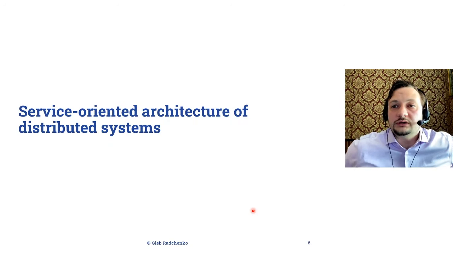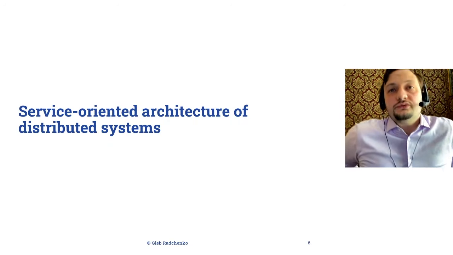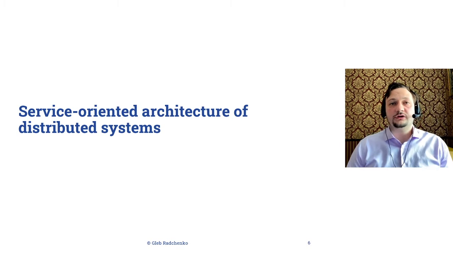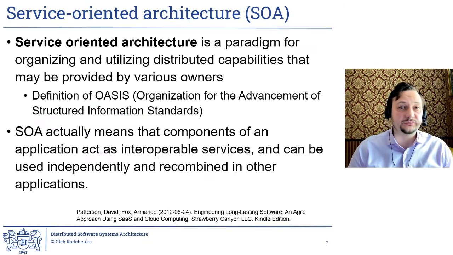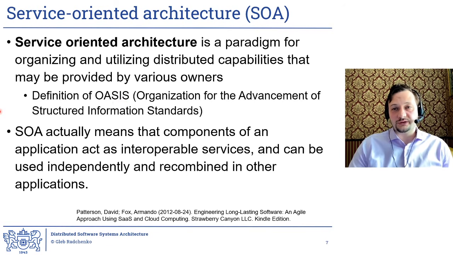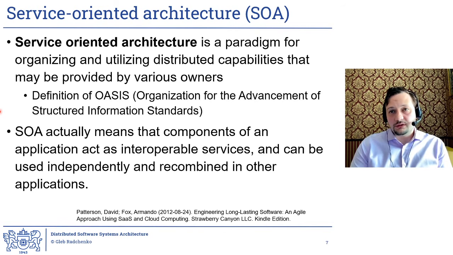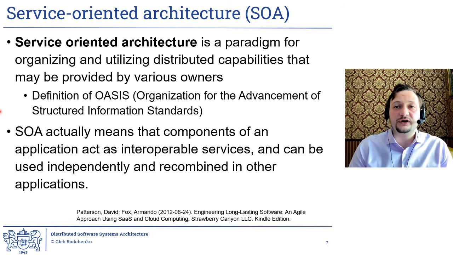So we successfully passed through the introduction, and let's go to the more formal definition of the service-oriented architecture of distributed systems. By the definition of OASIS, the Organization for the Advancement of Structured Information Standards, service-oriented architecture is a paradigm for organizing and utilizing distributed capabilities that may be provided by various owners.